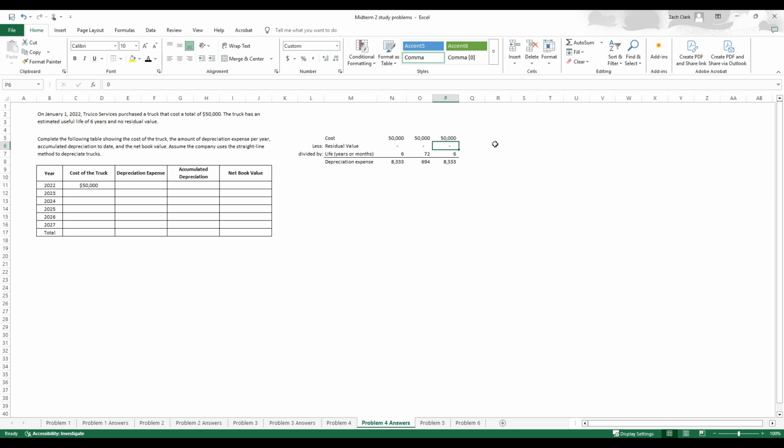And then just to highlight here how this could play out if we did have a residual value. If we said we expect to have a $10,000 residual value, then our calculation would say the original cost minus the residual value divided by the life.